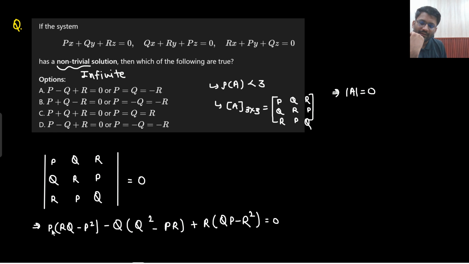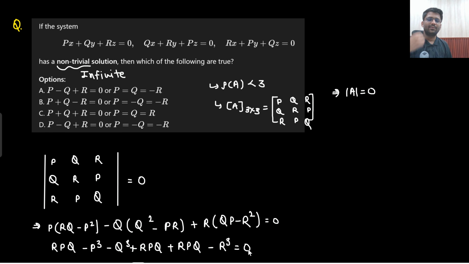So what you are getting? PRQ, RPQ minus P cube, minus Q cube, plus this will become RPQ plus RQP or RPQ minus R cube. That is equated to 0. Right? So I will write it down in this manner.